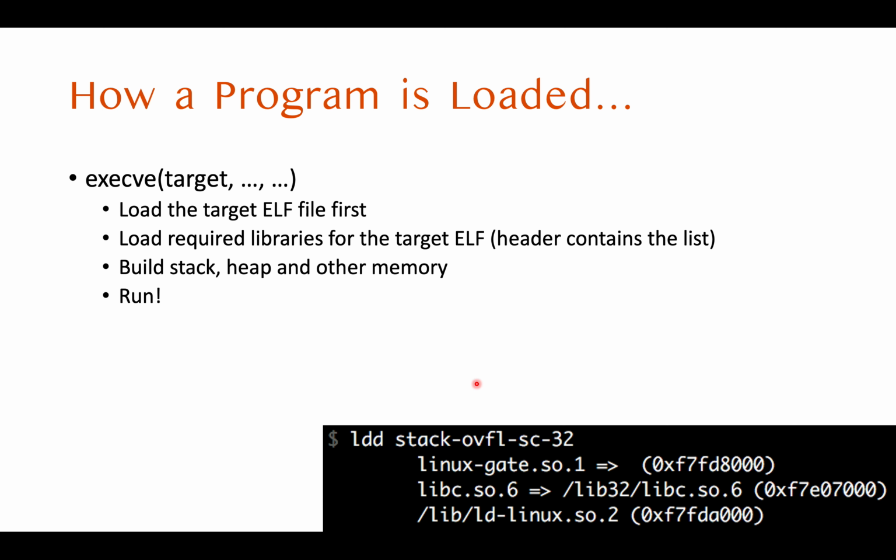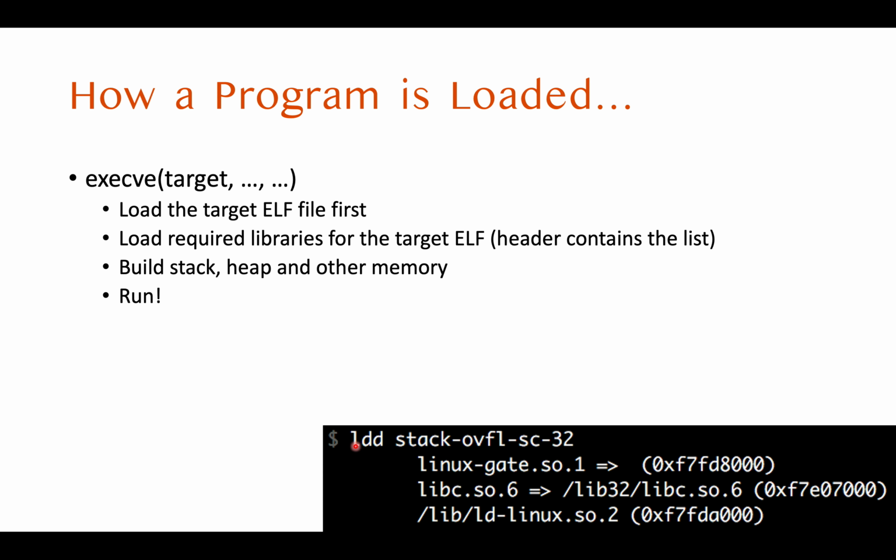And that is done by how the operating system loads the ELF program. When we run the execve system call in the Linux operating system, it will load the target ELF binary first, and then it will also load all the required library programs that the target ELF requires. You can check the required libraries using the ldd command.